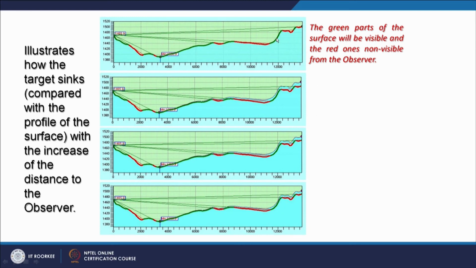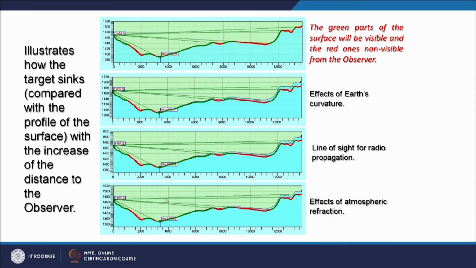So the green part of the surface will be visible along this line of sight profile, and the red parts are not visible, and the effects of the curvature can be seen here. And this is the line of sight of radio propagation, and this is the effect of atmospheric refraction.